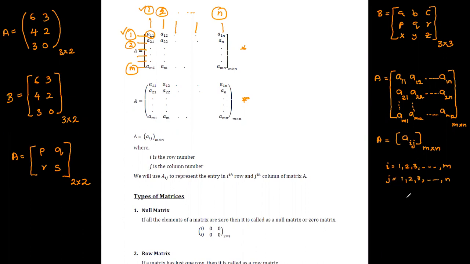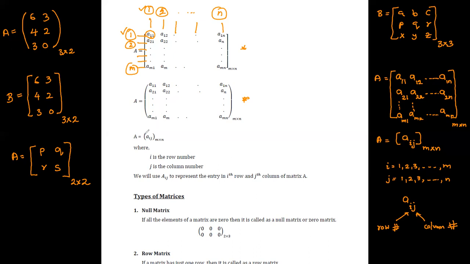Then we can represent this element in the common way. It is aij, where i is the row number and j is the column number. Therefore, this is how we write a matrix using the notation.